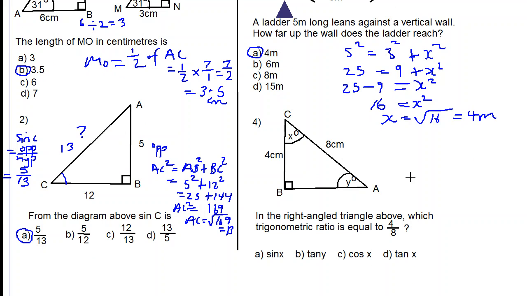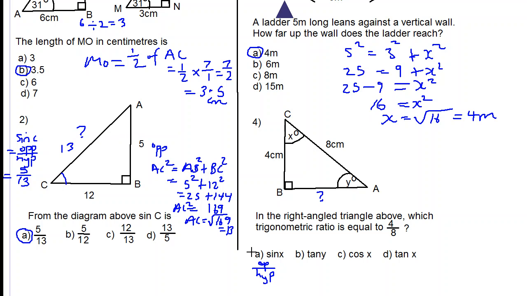In the right angle triangle above, which trigonometric ratio is equal to 4 over 8? Let's check out sine x. Sine is opposite over hypotenuse. That would be AB over 8, so this cannot be correct because this length was not provided and it's not 4 or 8.